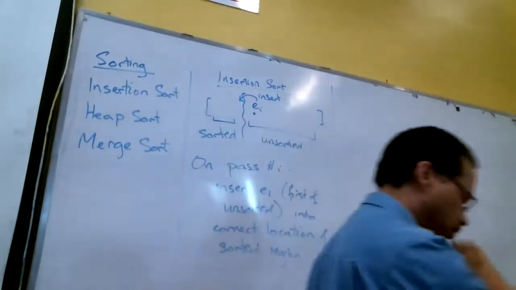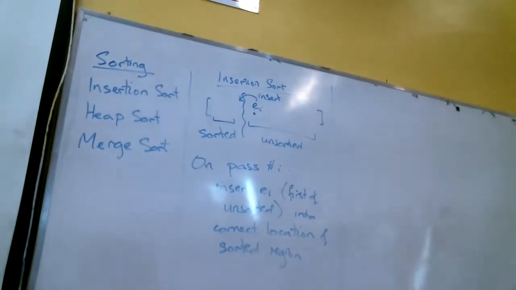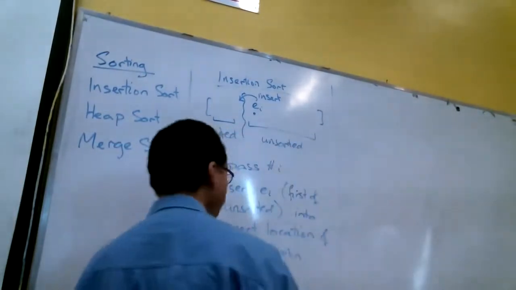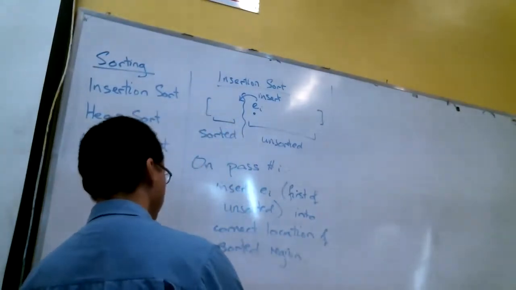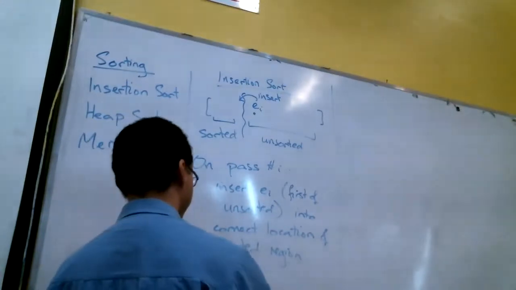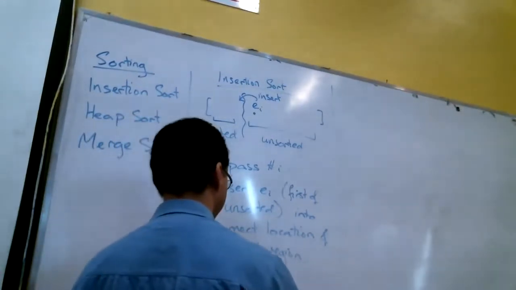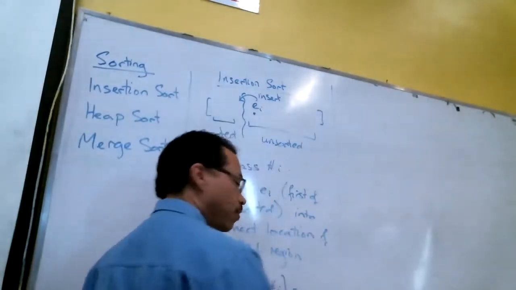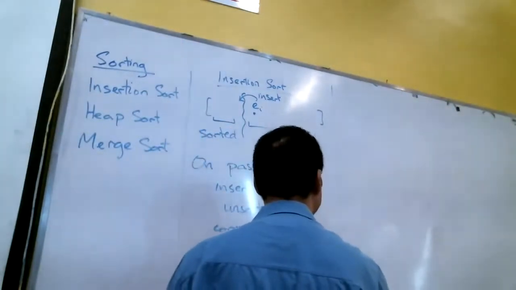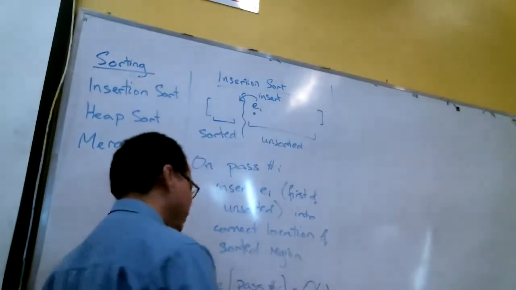To summarize what we just said, you need n passes in all, or n minus 1. The total cost for a single pass could be at worst order i time if you have to move past all i elements.